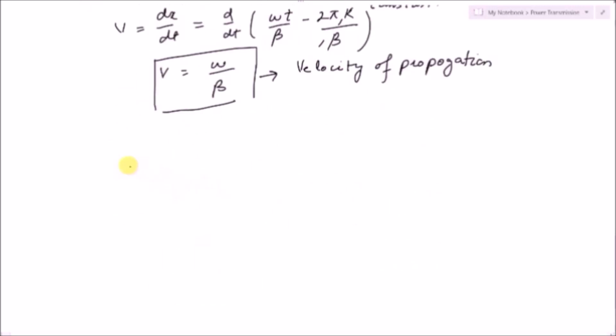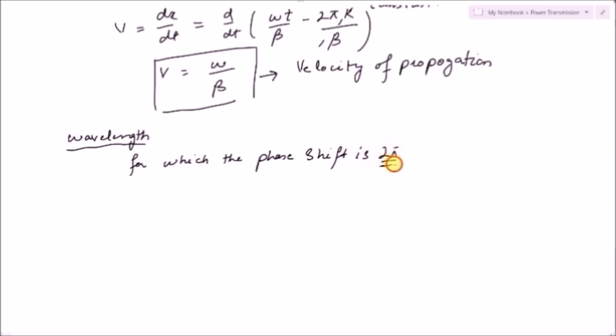Now if you have to find the wavelength, for which the phase shift is 2π. As we know, voltage is actually a cosine or sine function, right? So what is wavelength?